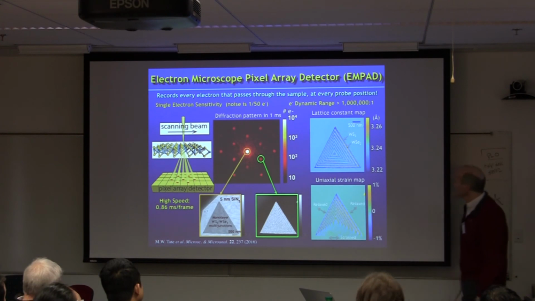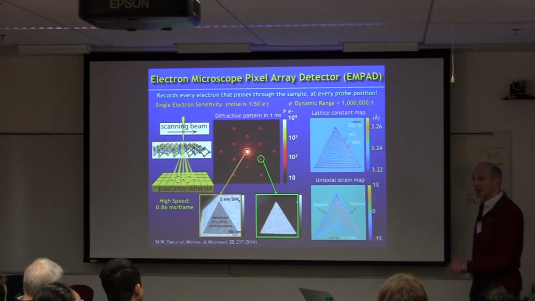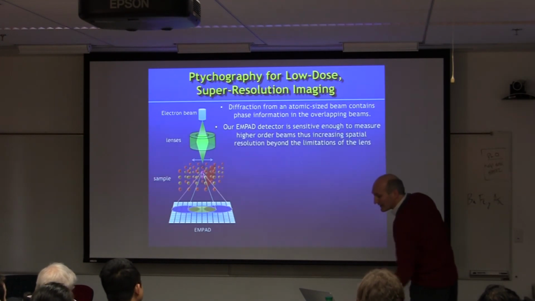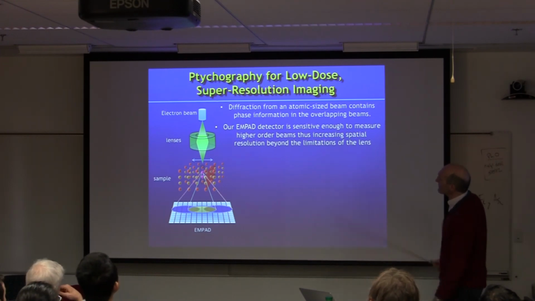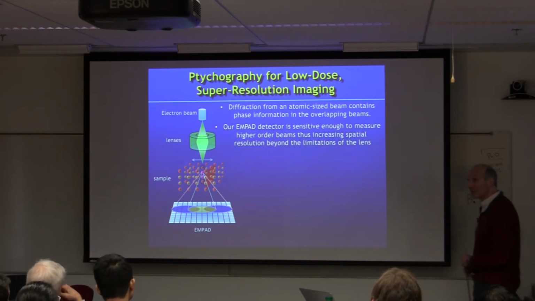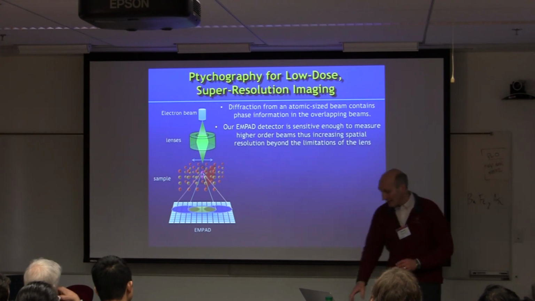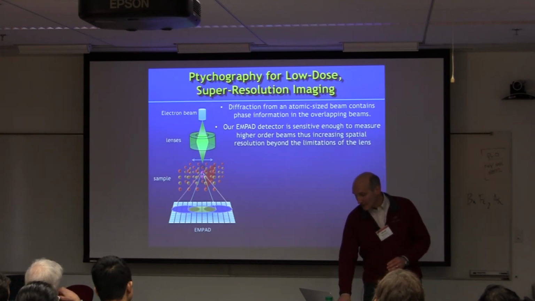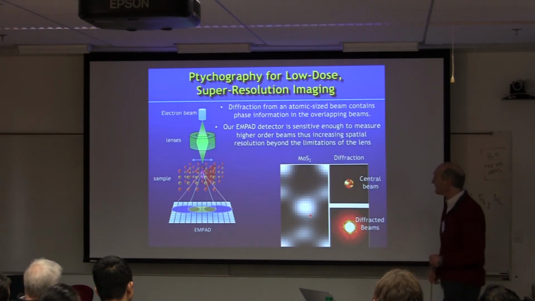And you can have new imaging modes, like looking at the strain map. By collecting all the beams at the same time, it's also possible to do ptychography on the images, which is utilizing the phase information that you get from all those diffracted beams.